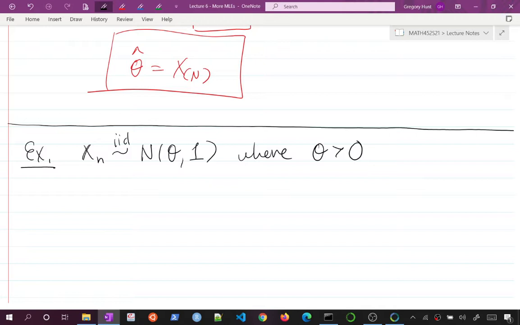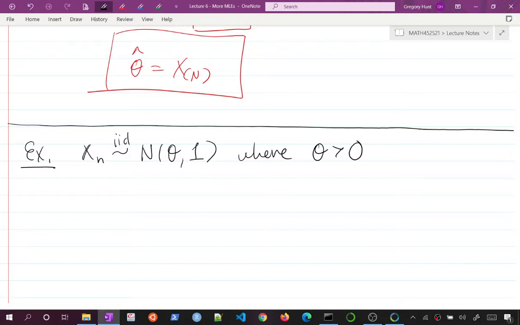So normally, for a normal distribution, the mean theta could be anything. It could be a positive number, it could be a negative number, etc. And I could say, let's assume that it's positive. So this is giving me a condition on theta.